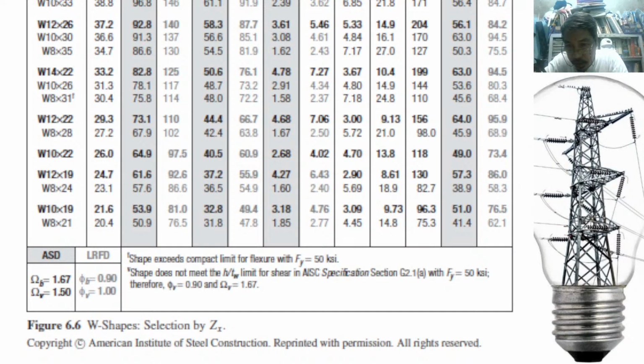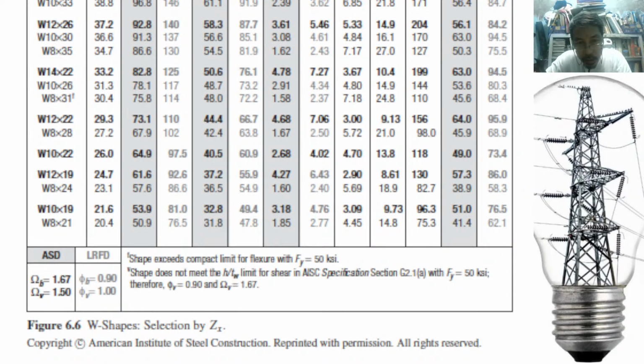Figure 6.6, W section, copyright AISC. So there are two types of design method, as you can see, ASD and LRFD, and the values for safety: omega 1.67 and 1.5 for ASD, and phi 0.9 and 1.0 for LRFD.